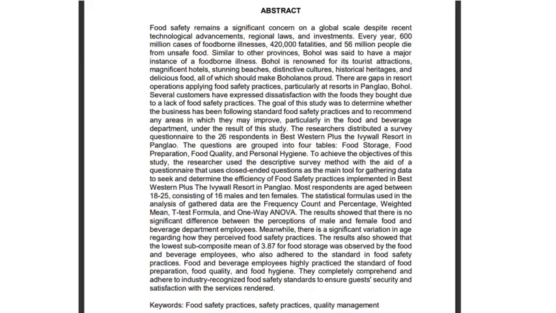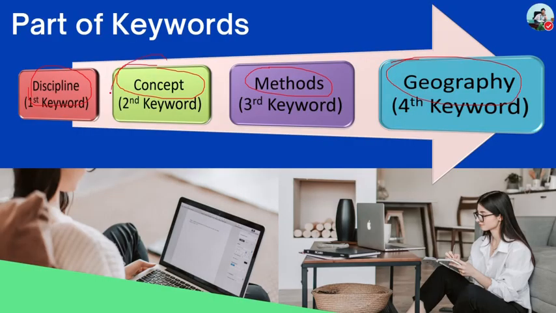So we'll check here if it is correct or not. The first keyword is "food safety practices." So this is wrong. What is food safety practices or safety practices? This is the same. The safety practices or food safety practices belong to the concept.